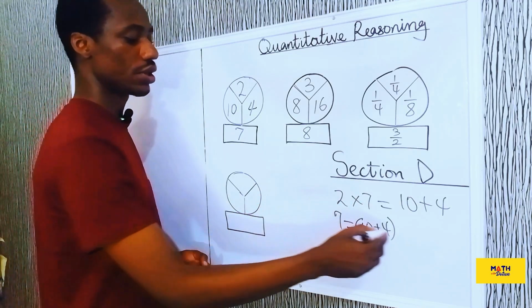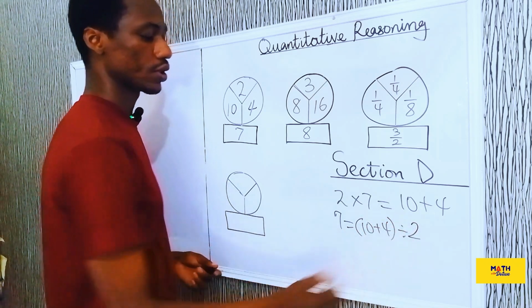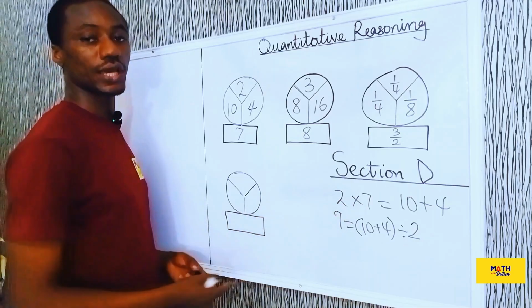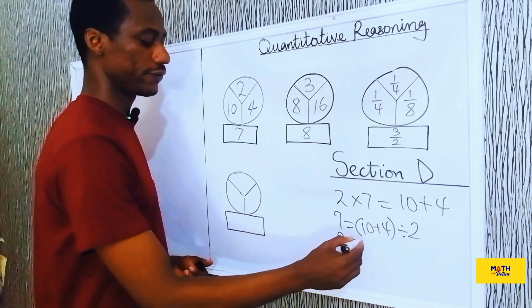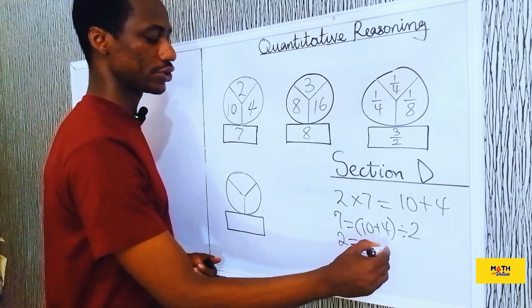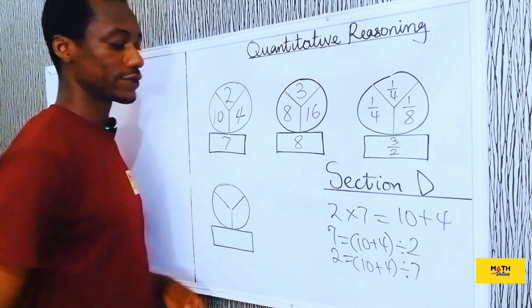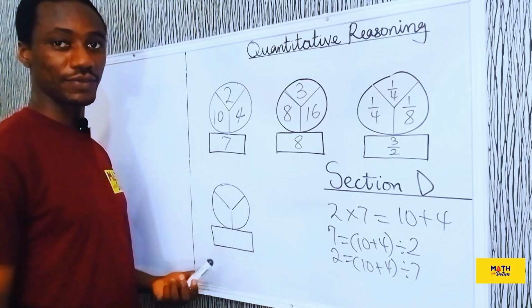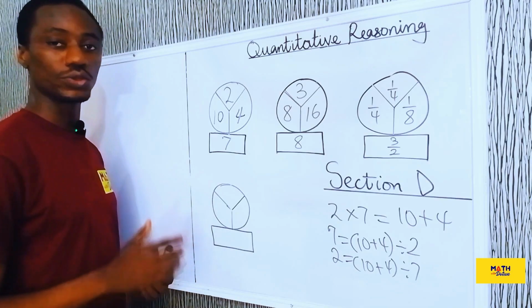So we're doing 14 divided by 2. If we divide 14, which is the answer, by 2, we'll get 7. The same thing for 2: if we have the addition complete, and that gives us 14, and we divide that 14 by 7, we have 2. Then let's move to the next one.